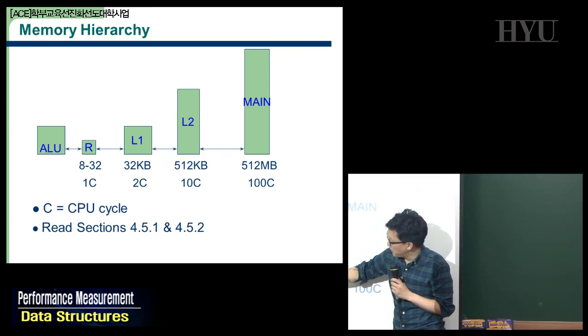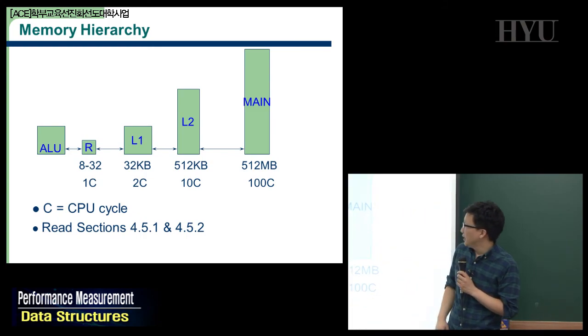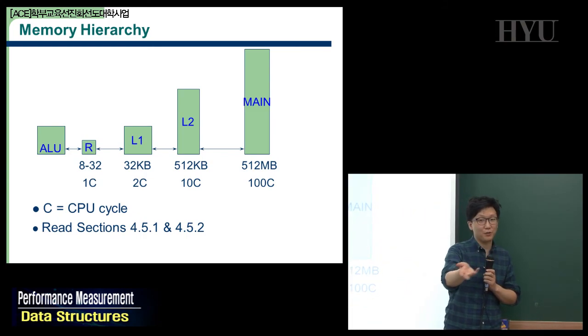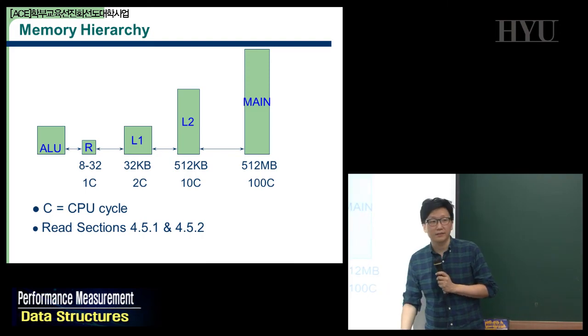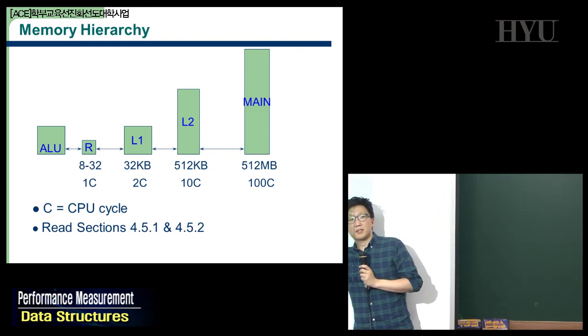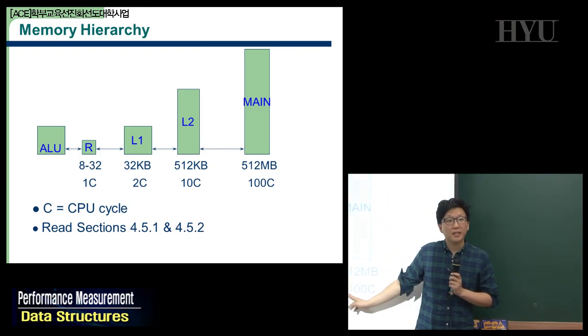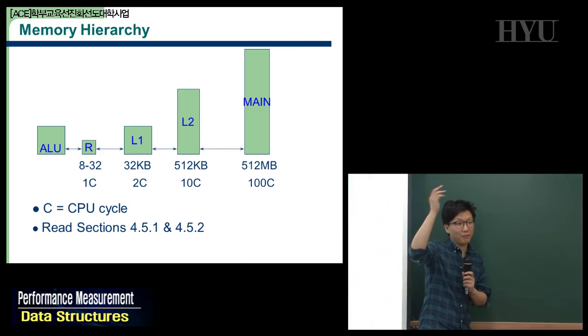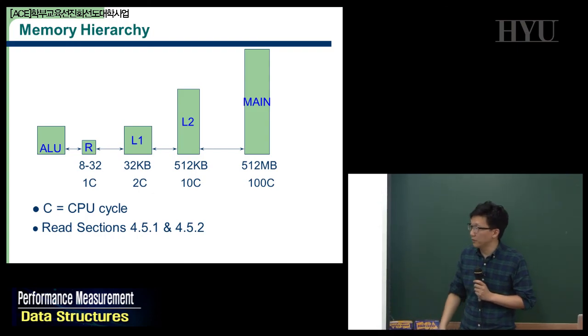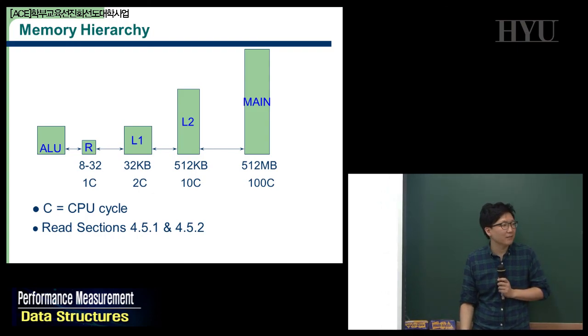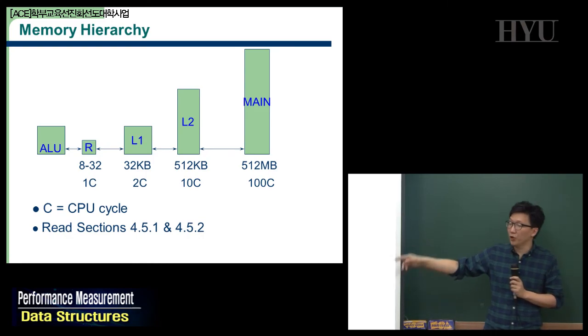Notice that 2 CPU cycles, 10 CPU cycles. In order to access the memories that you have in your computers, the things that you can buy at a cheap price, 100 cycles. This shows you how much time they take for each memory access. The program interacts with these memories. Sometimes they ask for something from L2. Most of the time, they take something from main memory.